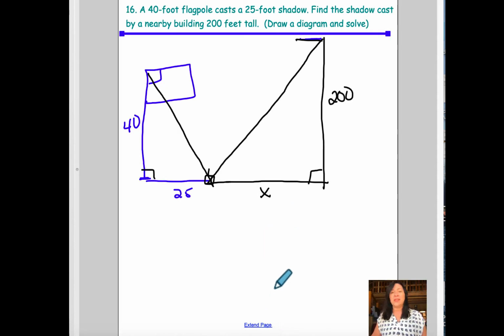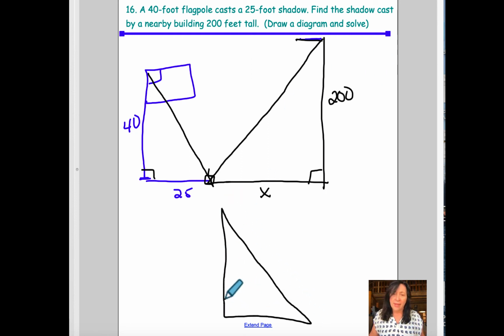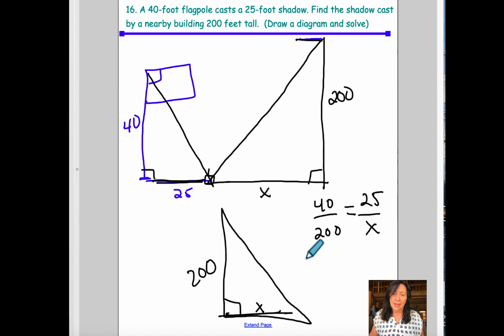And so now we're going to create a proportion, and you can redraw these for sure. I like doing that actually. 200, and this is unknown. So I can say 40 is to 200 as 25 is to x. I'm going to cross multiply.